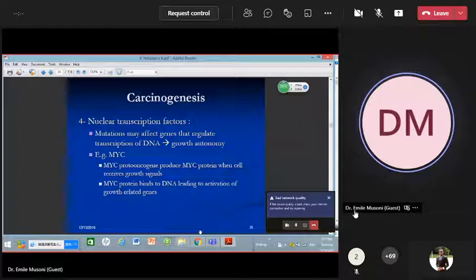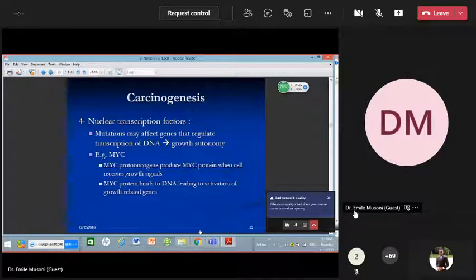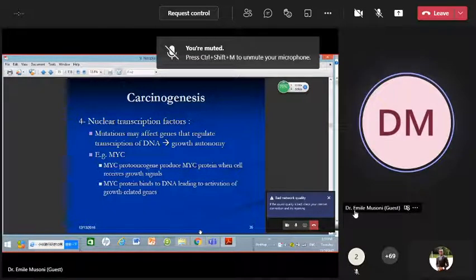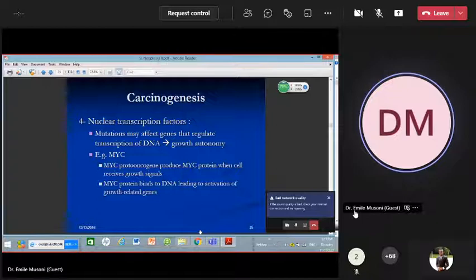There are also nuclear transcription factors. Those mutations affect genes that regulate transcription of DNA. For example, MYC is a proto-oncogene which binds to DNA, leading to the activation of growth-related genes.